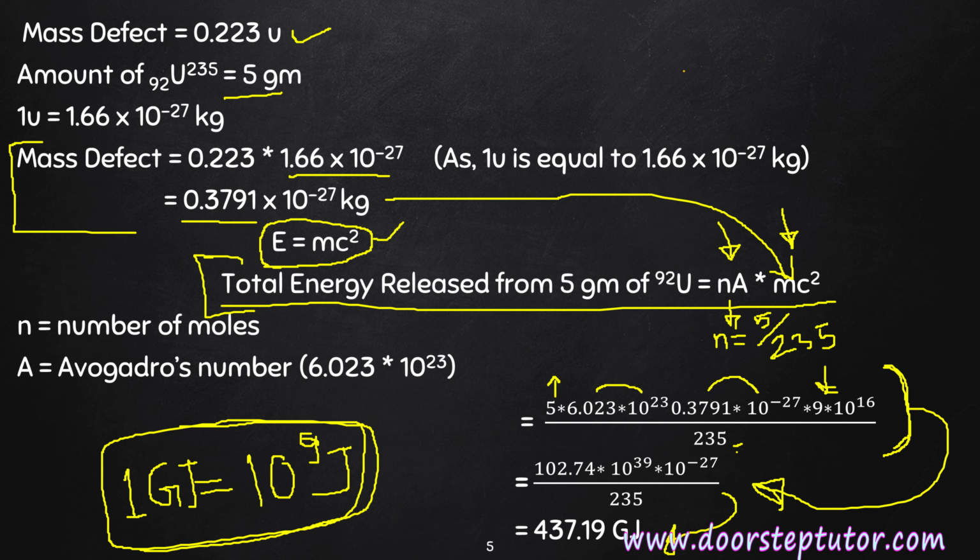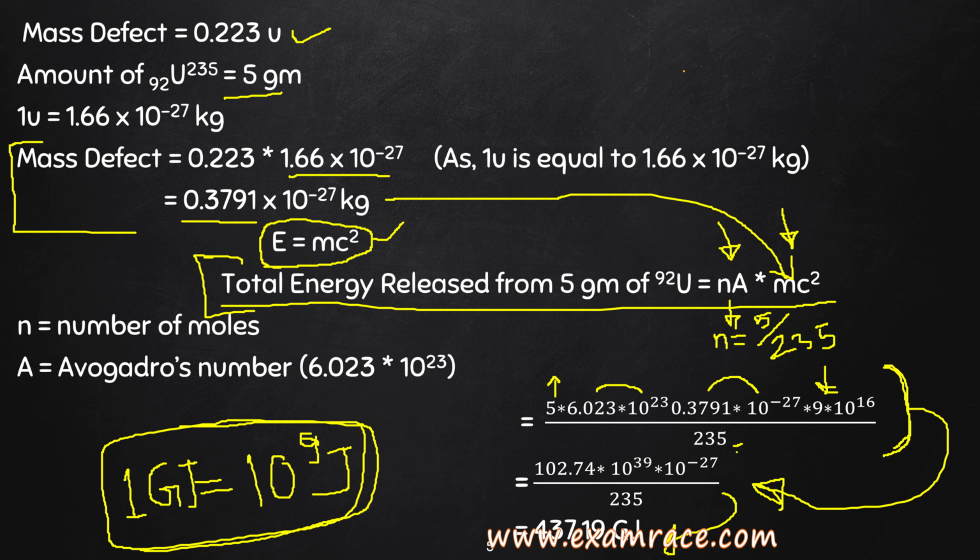The given value for mass defect is 0.223 unit, and we have seen earlier that the value for u is given in the question itself, which is equal to 1.66 into 10 power minus 27, and the amount of uranium 235 is 5 gram.